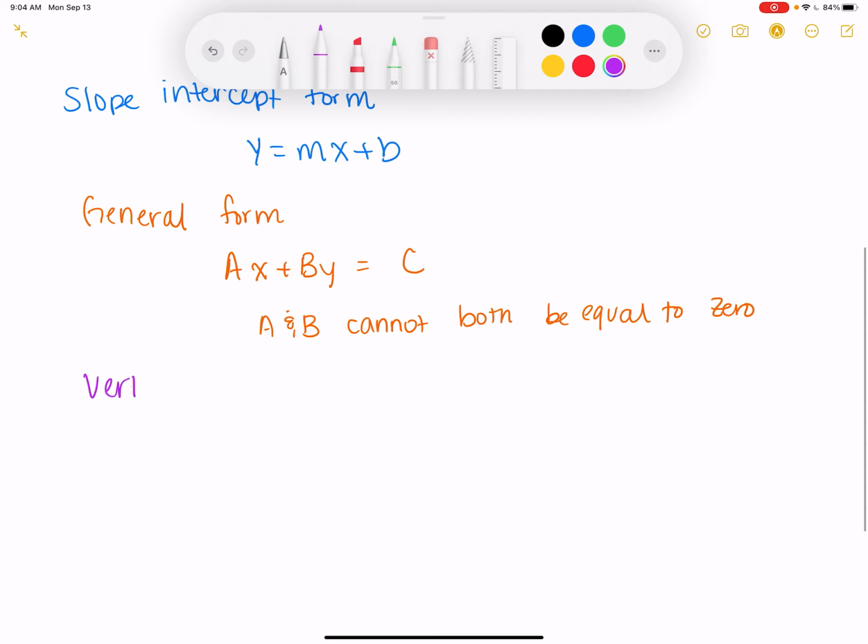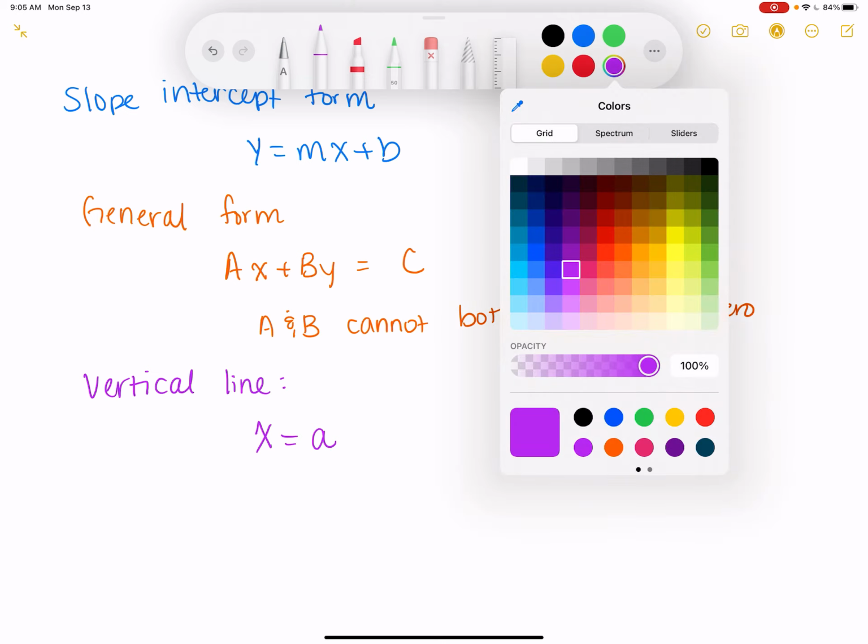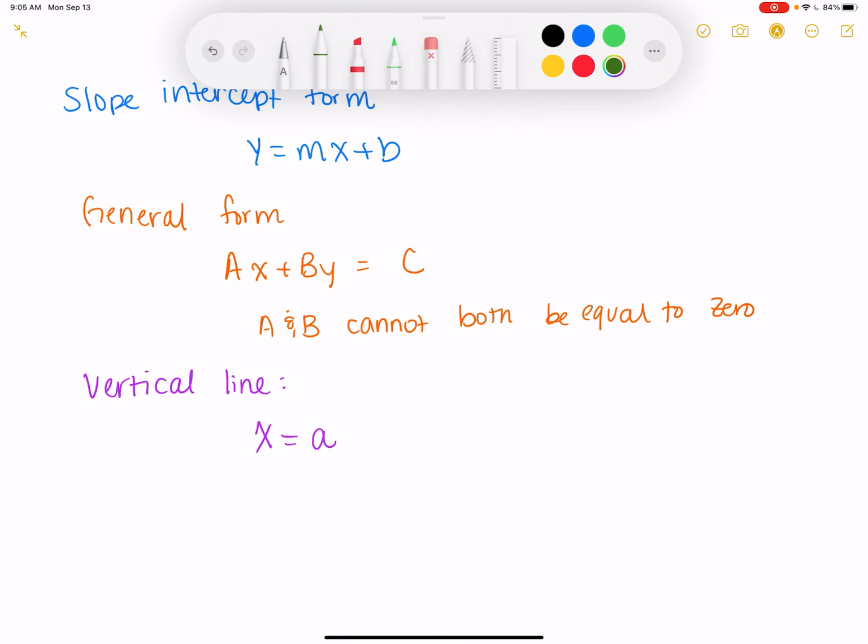A vertical line: something like x is equal to a. Horizontal line: y is equal to a.